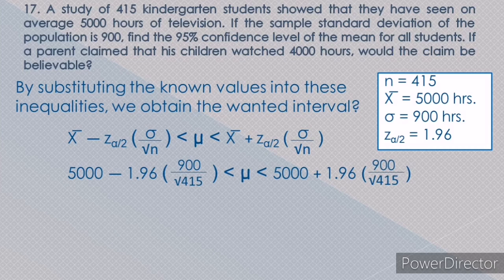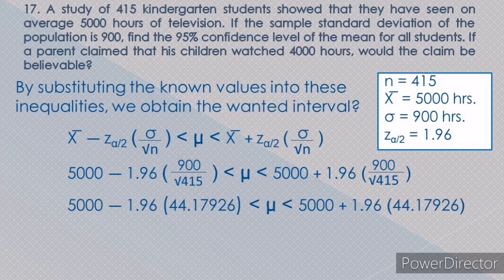So let's now substitute. Sample mean is 5,000, z sub alpha over 2 is equal to 1.96, our standard deviation is equal to 900 hours, and our n is equal to 415. So the mean is in between 5,000 minus 1.96 multiplied by 900 over square root of 415, and 5,000 plus 1.96 multiplied by 900 over square root of 415.